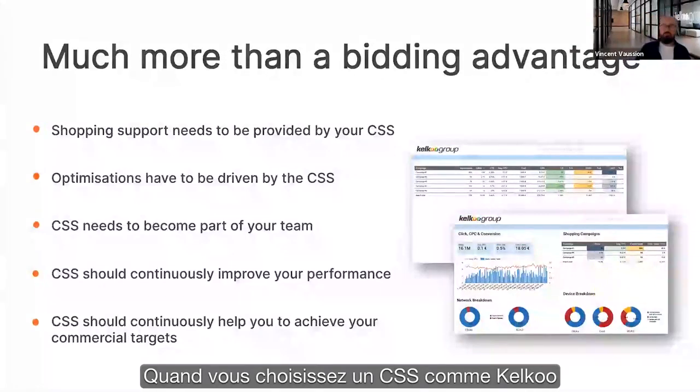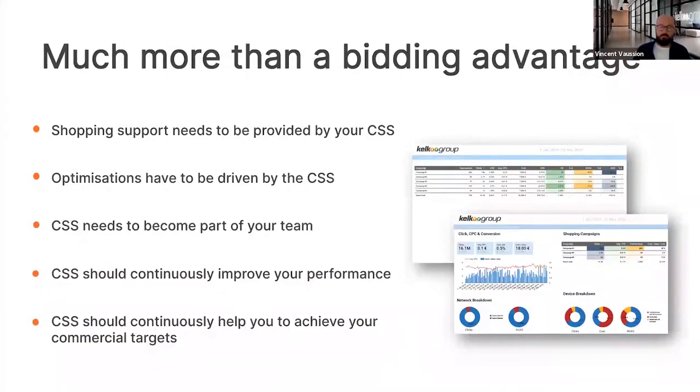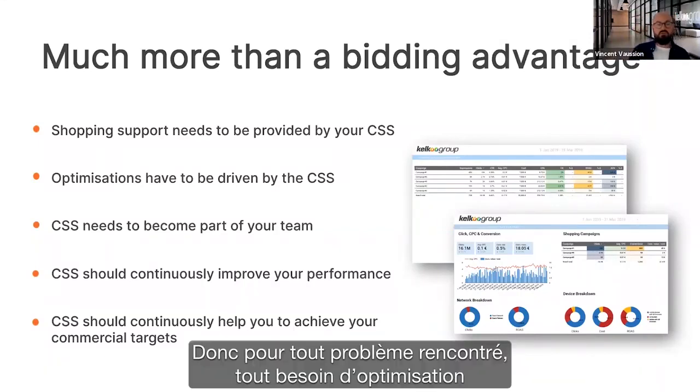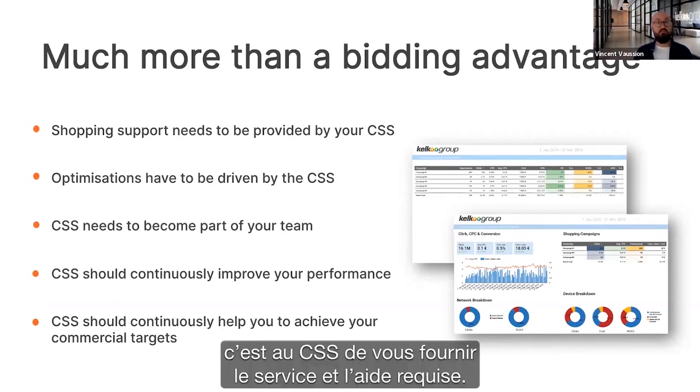When you choose a CSS like Kelkoo, Google teams cannot help you anymore on your shopping ads queries. So every challenge, every policy issue that you have, every optimization that you can do, it is up to the CSS to provide the service and the support that you need.